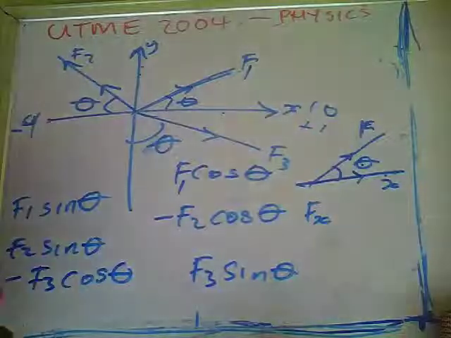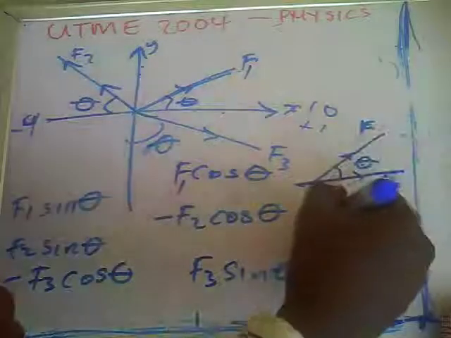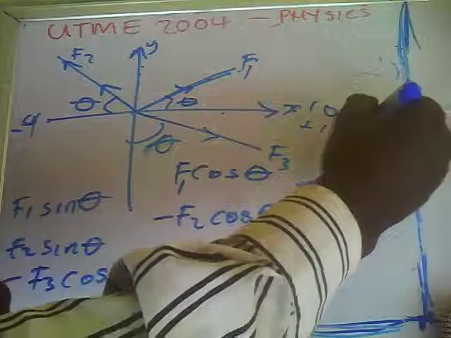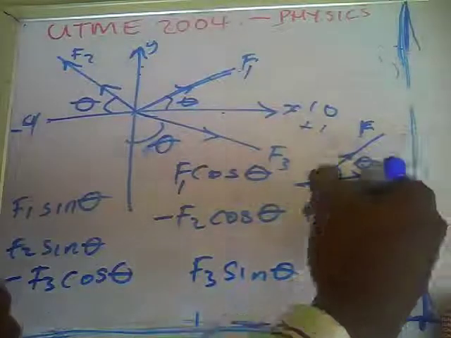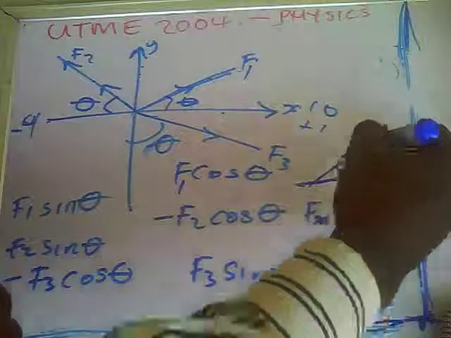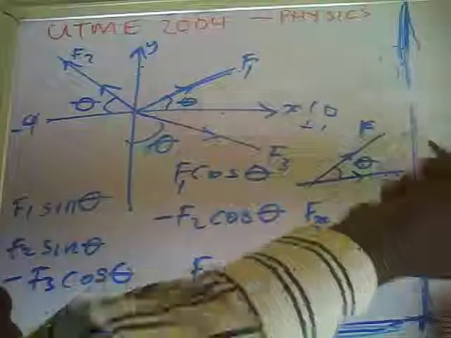What does that mean? It means Fx is the component of F along X. So we need to write that Fx, telling us that this is the X component of F.